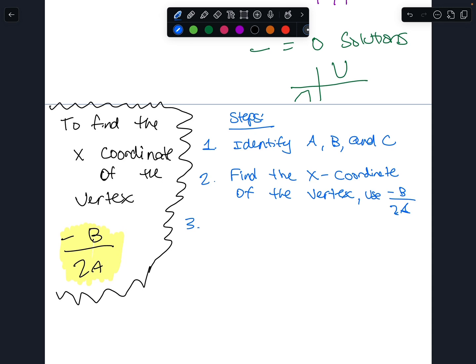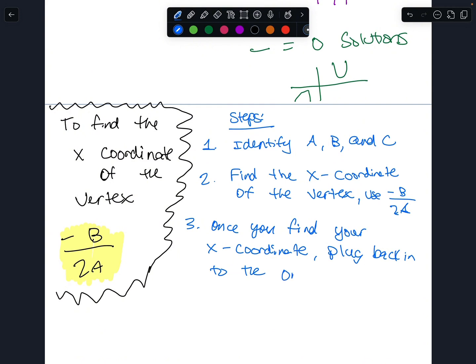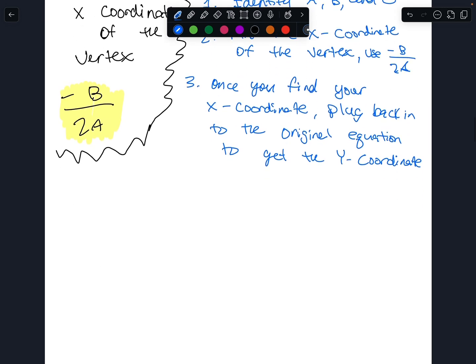Step 3 says once you find your x coordinate, plug it back in to the original equation to get the y coordinate of your vertex.